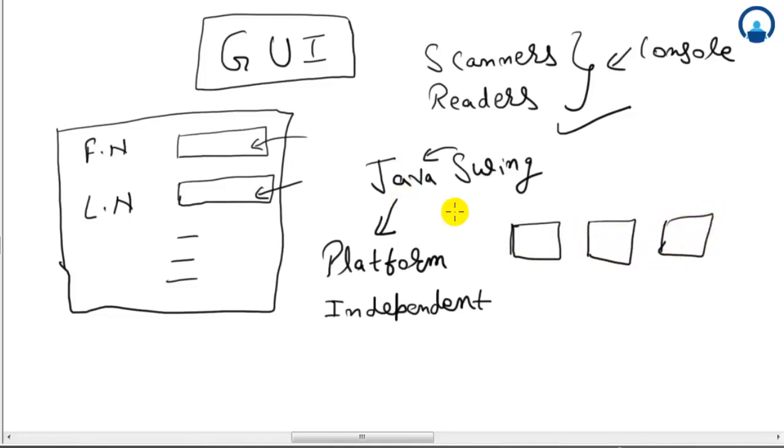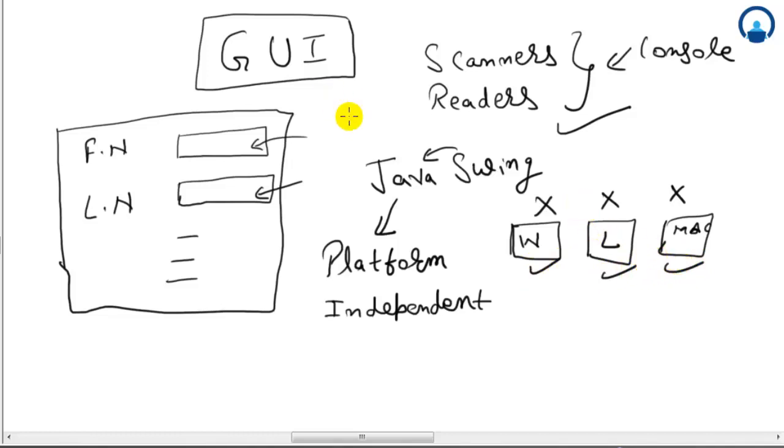For some users who don't know this, I'll just tell you, suppose you have written some kind of utility and we have various types of operating systems. We have Windows, we have Linux, we have Mac OS X. So the advantage of Java is that Java is platform independent. So it means it does not depend on the base platform, whether it be Windows, Linux, or Mac, it will get executed on all the platforms.